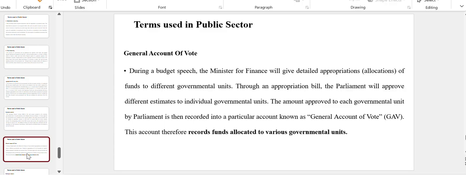Are you together? So it records funds allocated to various governmental units. So just remember that the General Account of Vote records funds allocated to the various governmental units after Parliament has approved.